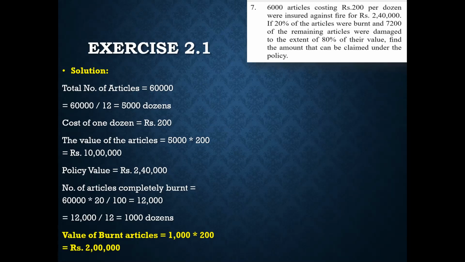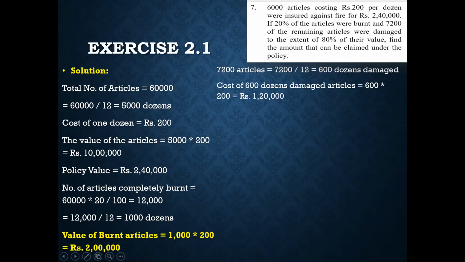Okay. And the 7,200 of the remaining articles were damaged to the extent of 80%. Now 7,200 articles means, again first we'll find out how many dozens it was. So divide by 12, it was 600 dozens damaged. Now 600 dozens damaged means you have to first multiply it by 200 and see in rupees how much the cost was. 1,20,000.